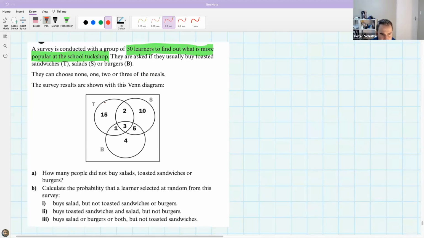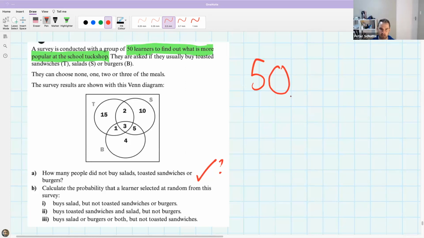The Venn diagram, okay, first of all, let's ask this. How many people did not buy salads, toasted sandwiches, or burgers? So I know there are 50 people in total, but I want to know who doesn't buy a salad, a toasted sandwich, or a burger.